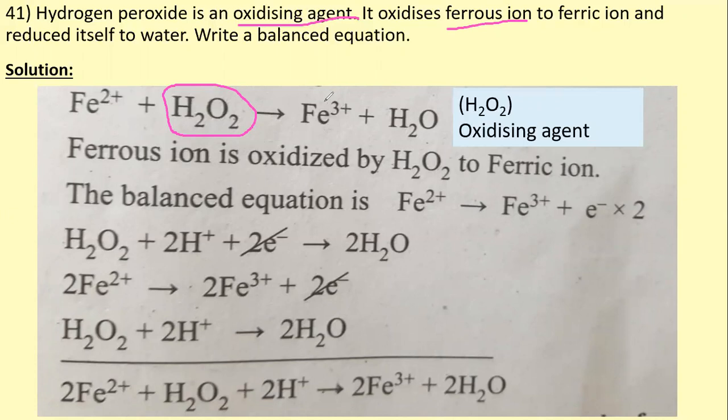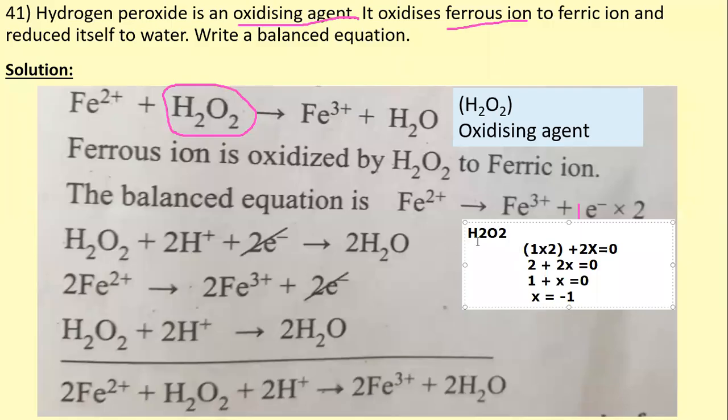An increase in oxidation number is said to be oxidation. So the ferrous ion is oxidized by H2O2 to ferric ion. Now we have to write the balanced equation. Fe2+ to Fe3+ is a loss of electron. There will be a loss of 1 electron.